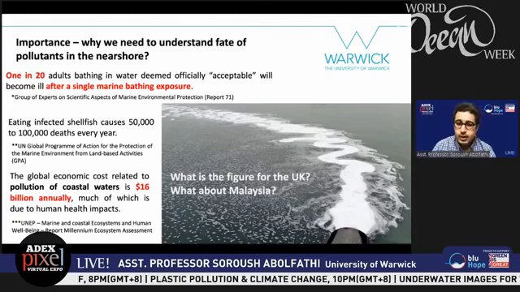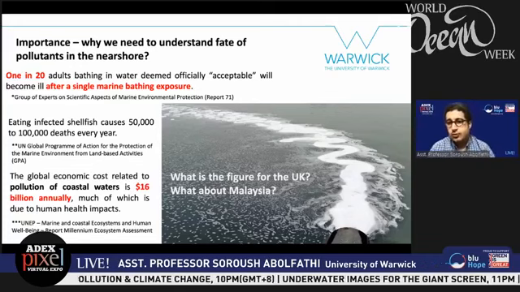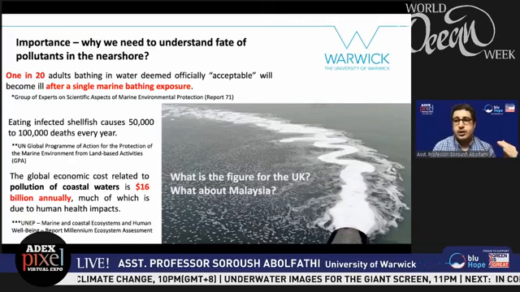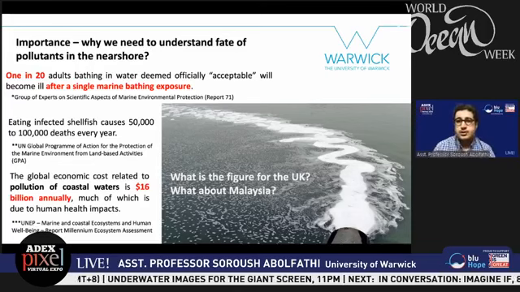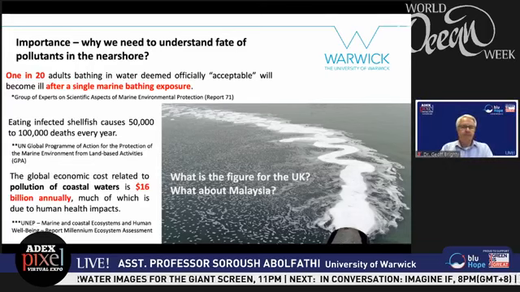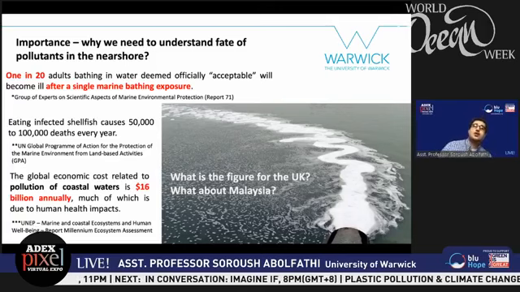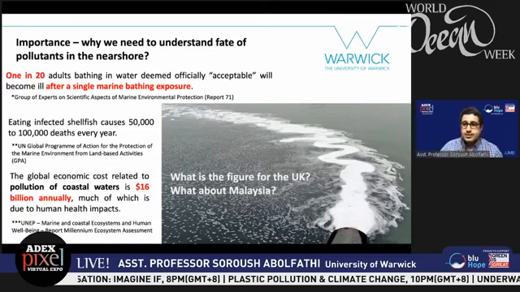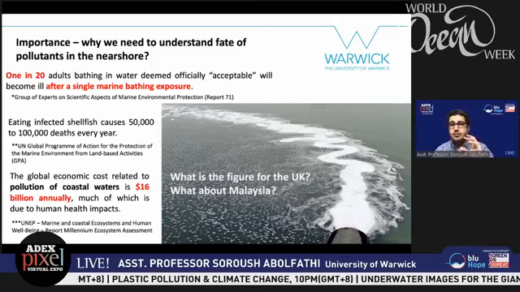So when we're talking about coastal regions, no matter where you are in the world, whether you are in the UK or in Bahamas or in Malaysia or in Japan, every time that you enter a coastal water which is deemed acceptable, so those coastal regions that have acceptable water quality, you still have a 1 in 20 chance of getting sewerage-related diseases every time that you enter, or every bathing exposure that you have.